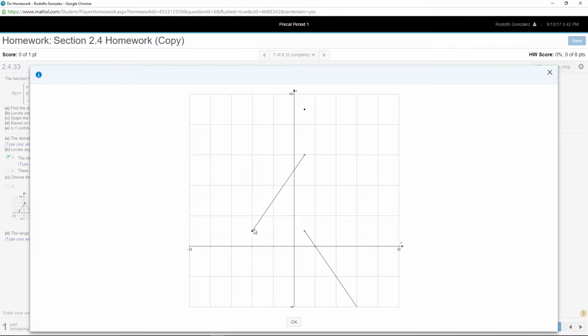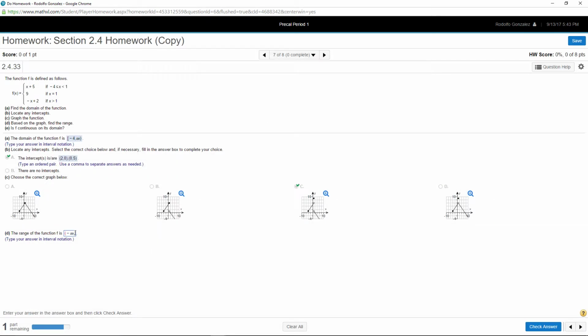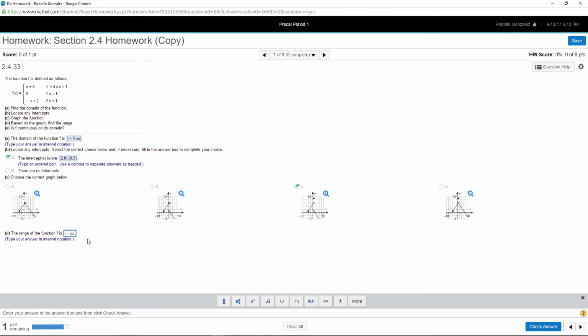It connects here, so we're okay still, and it stops at 2, 4, at positive 6, but we're not including that 6 because it's an open circle. So it stops at positive 6, but we're not going to include it, so that's why we put a parentheses.